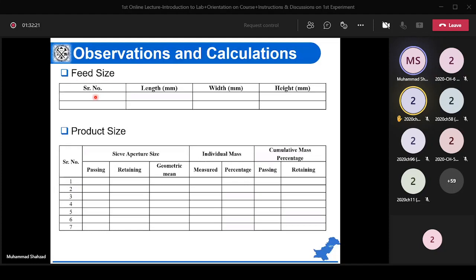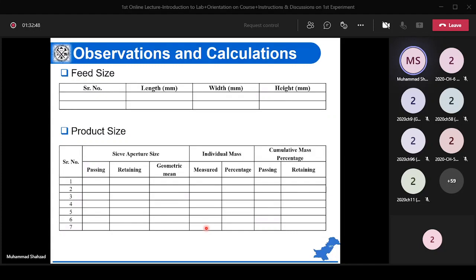You will get the length, width, and height of the feed size in the case of the jaw crusher. But for product size, you will have only two things: the retaining sieve size, this column, and the measured masses in grams, this column. You will get the values from the experiment for these two columns only.